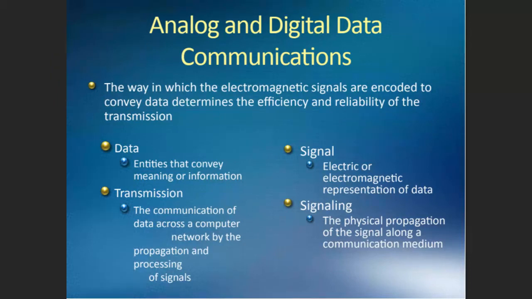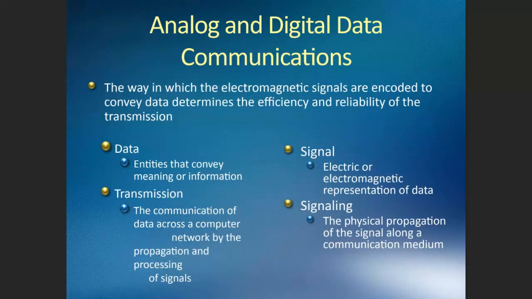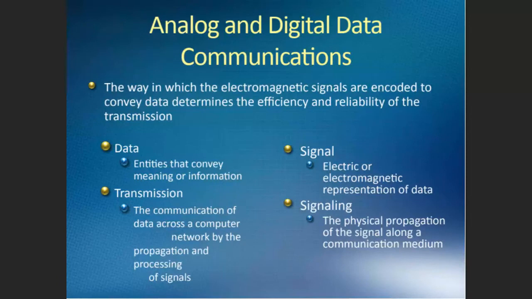Signal is electric or electromagnetic representation of data. You represent your data by electromagnetic signal. So the signal is high if it is 1, or low if it is 0, and then changing the values.